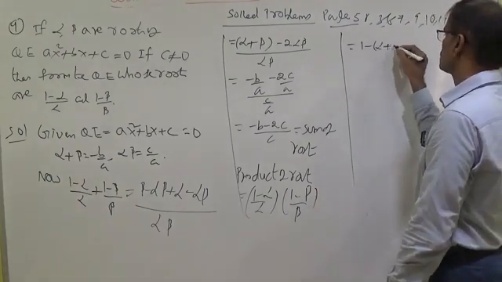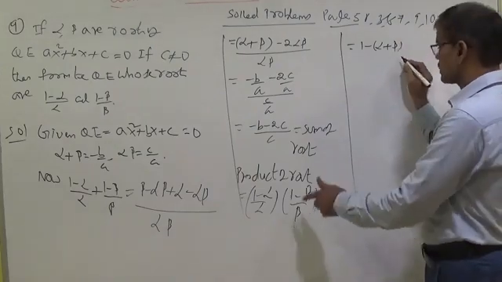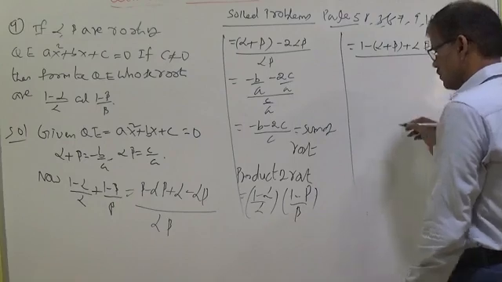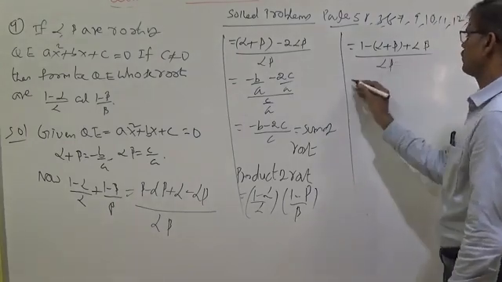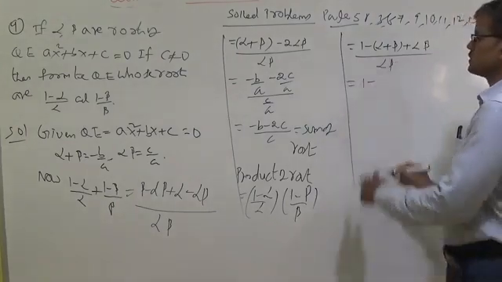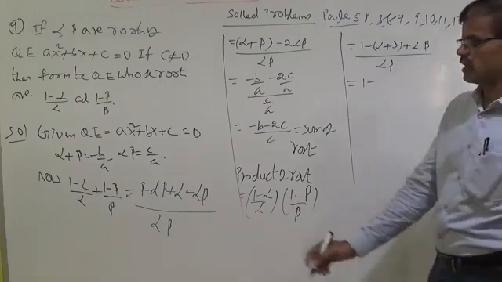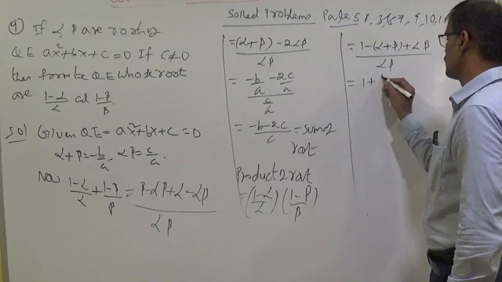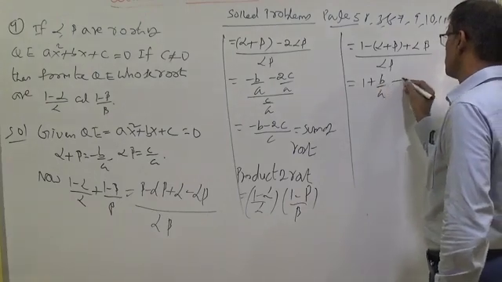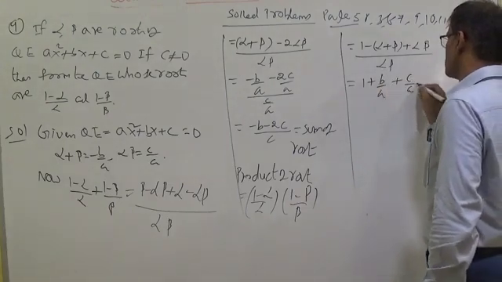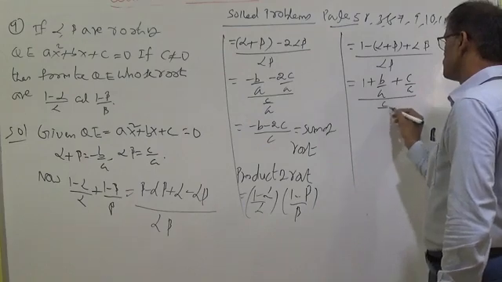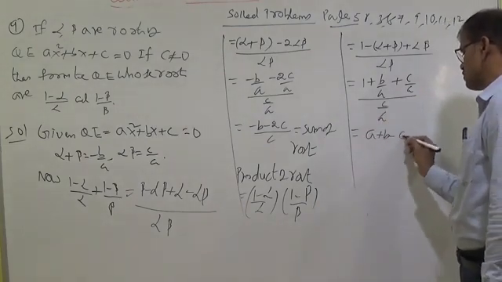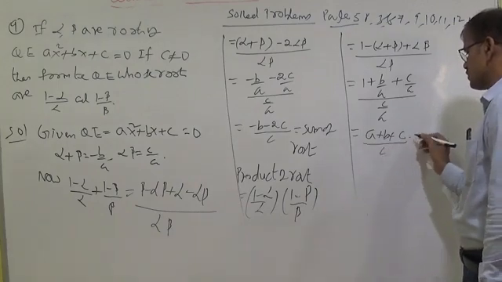Taking minus common, it becomes 1 minus of alpha plus beta plus alpha beta whole by alpha beta. Alpha plus beta is minus b by a; minus of minus becomes plus, so this is b by a plus c by a, whole by c by a. You can write this as a plus b plus c whole by c.